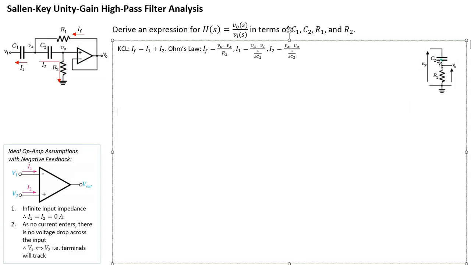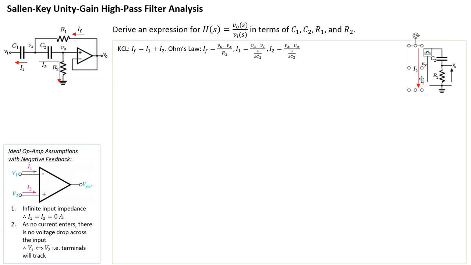All right, so you have the Vo, that's the output side across R2. And then you have Vx, which is from ground to the left of C2, which is here. So Vx is across both components, and of course I2 flows down through both components.